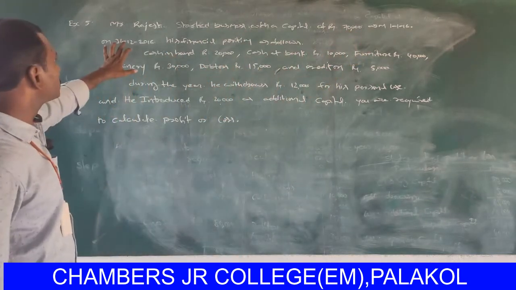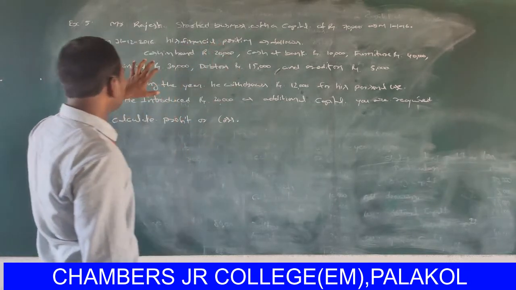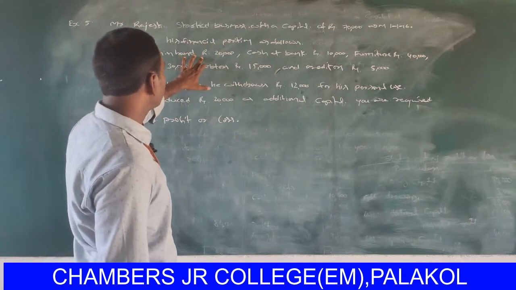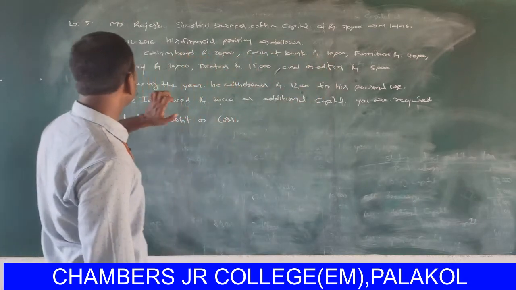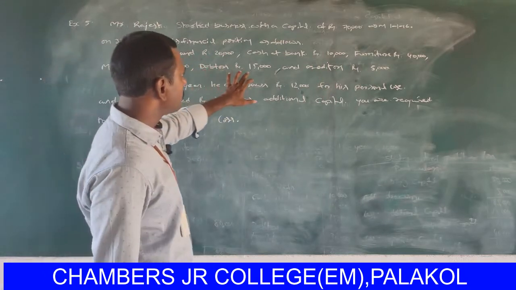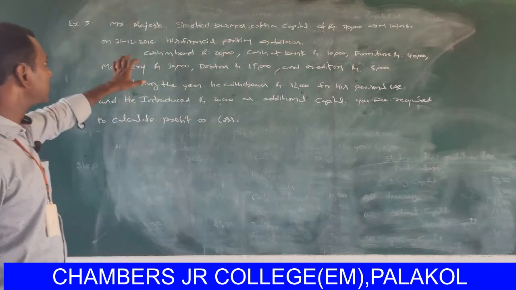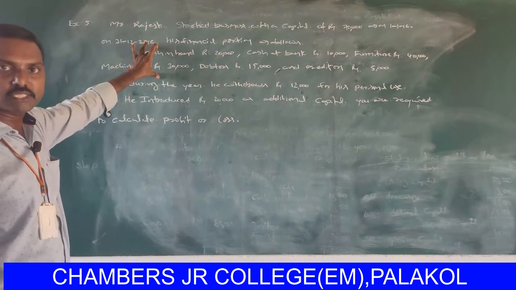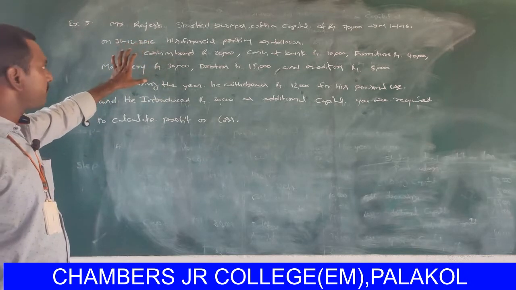And on 31/12/2016, his financial position is as follows: cash in hand rupees 20,000, cash at bank rupees 10,000, furniture rupees 40,000, machinery rupees 30,000, debtors 15,000, and creditors 5,000. These are assets and liabilities at the end of the year.